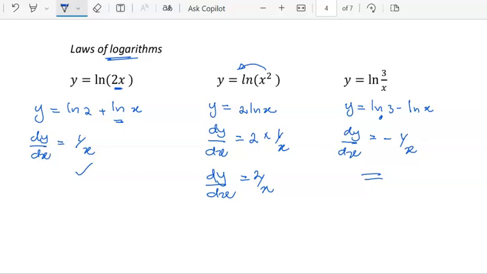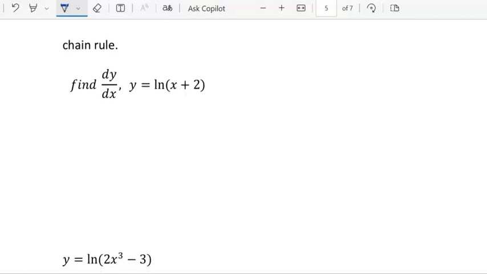Now, let us see more examples here. What if we have an example like this? Still, you can see I'm coming back to the chain rule. This is addition, so I cannot take it to the laws of logarithm. So what am I going to do? I'm going to look at this from the chain rule perspective. I'm going to say that u is equal to x plus 2. That means y is equal to natural log of u.